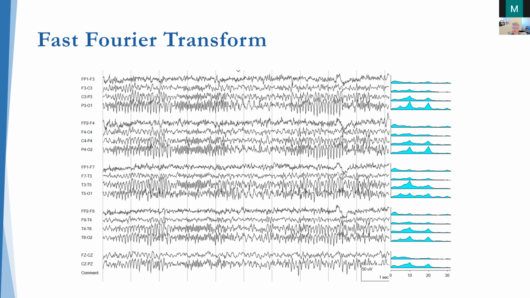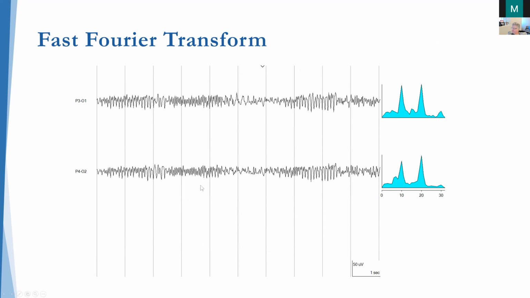This is a patient who has a normal posterior dominant rhythm that we see here in the back of the head, but also has a fast alpha variant. And in the fast Fourier transformation, we can see that there are peaks of activity in the occipital regions at both 10 hertz and 20 hertz, corresponding to these changes from normal alpha to fast alpha variant. And this is just the same thing with a close-up view.